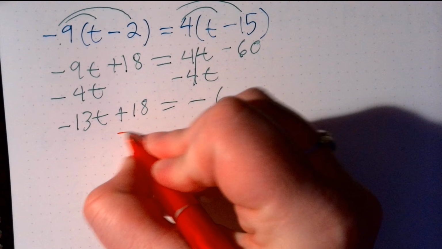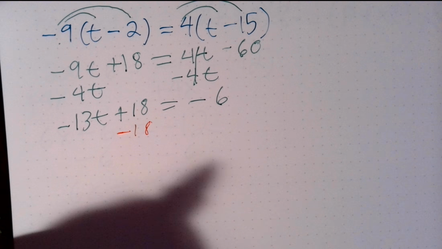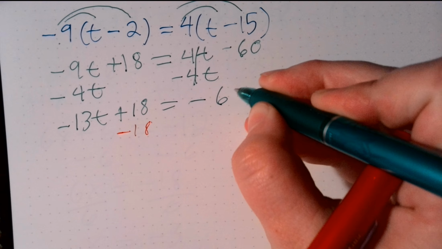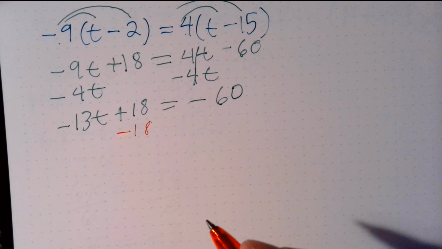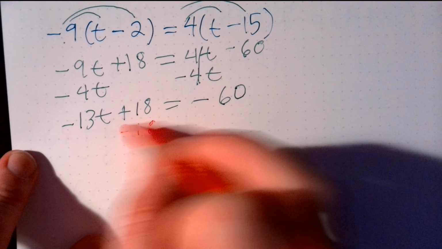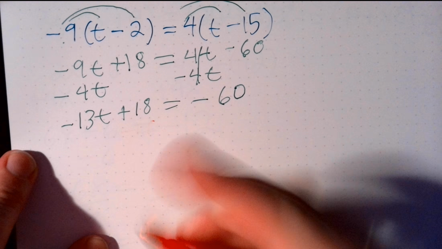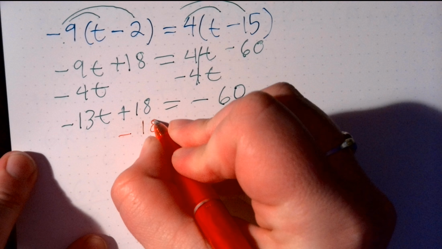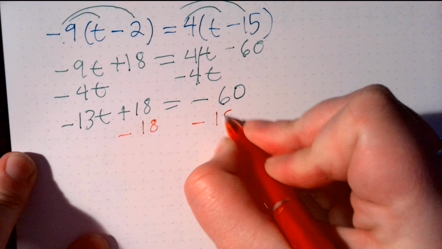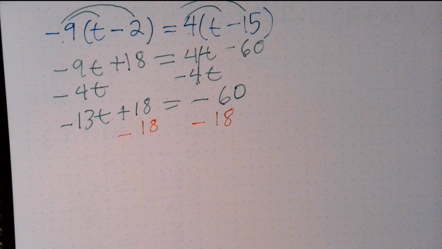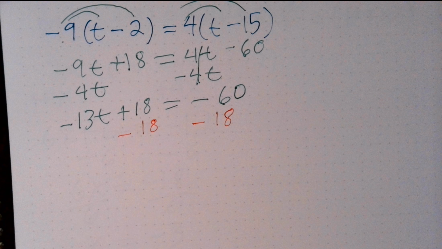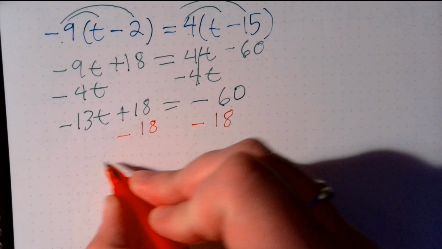I'm going to minus 18 from both sides. And that gives me a negative 78.